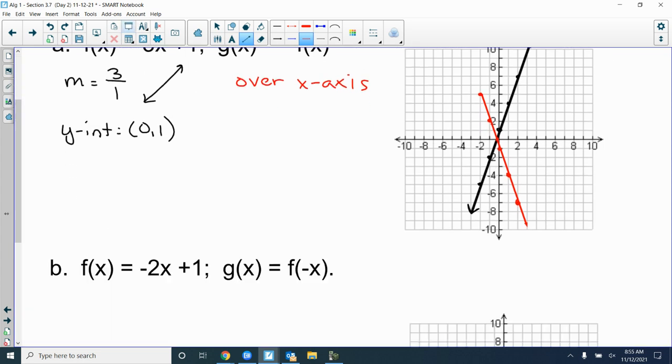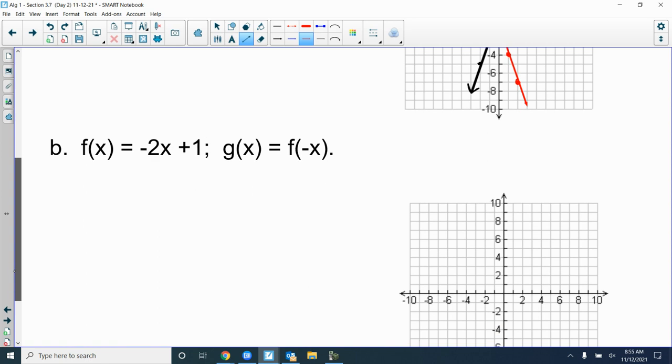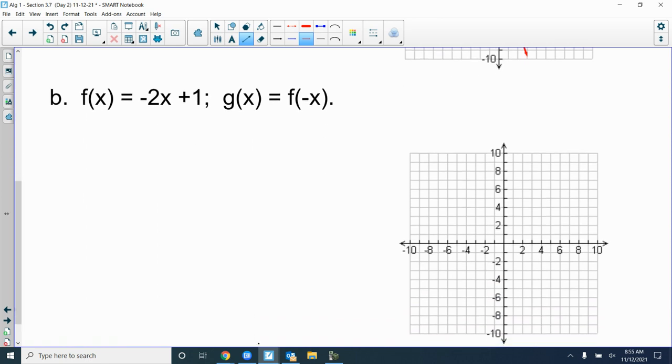Let's take a look at the second one. -2x + 1. Graph that one. My slope is -2/1.